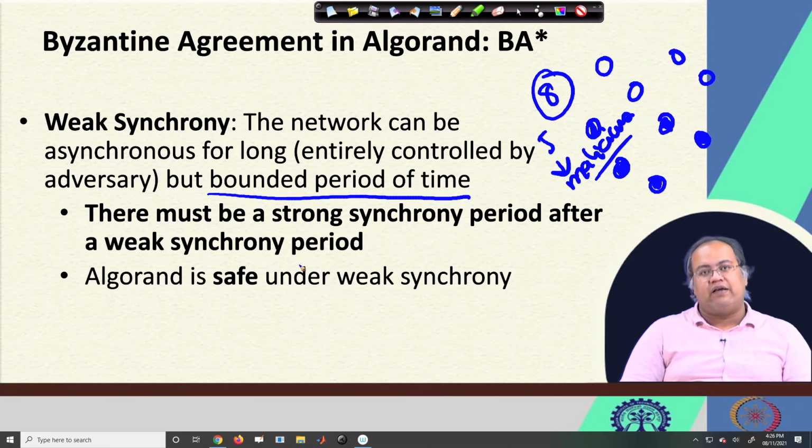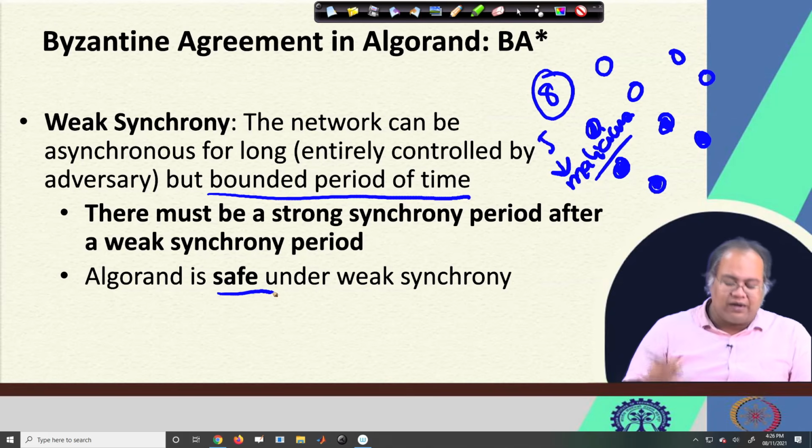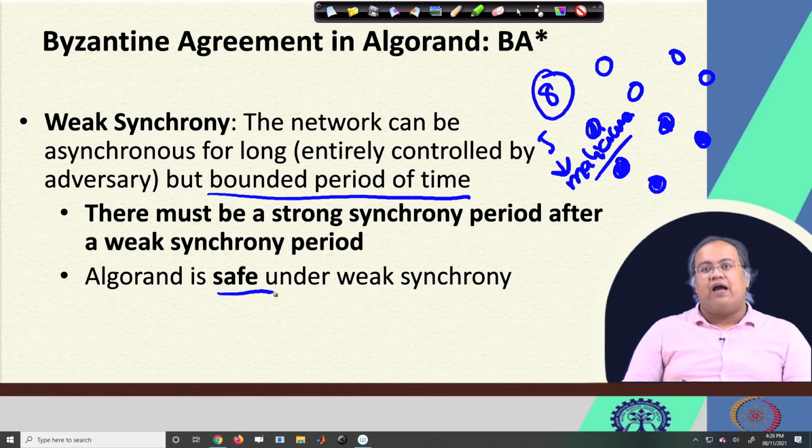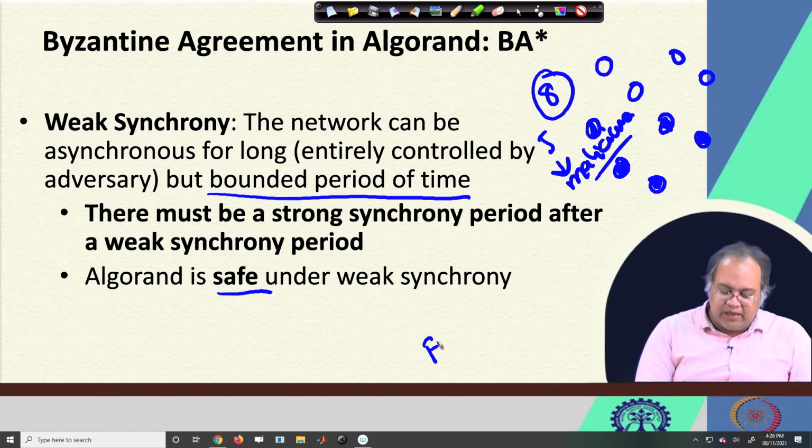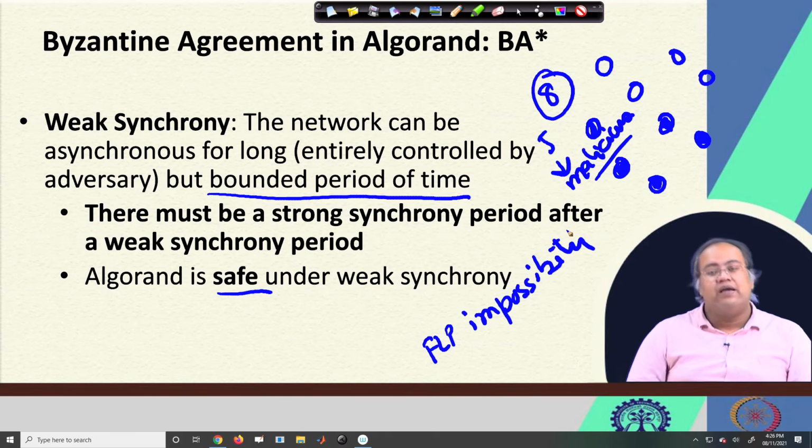Eventually the weak synchrony will end and a strong synchrony period will start. And Algorand ensures that it is safe under weak synchrony. This supports the FLP impossibility that we learned earlier: in a purely asynchronous environment I cannot support safety and liveness together when there is even a single Byzantine fault, or even a single fault.